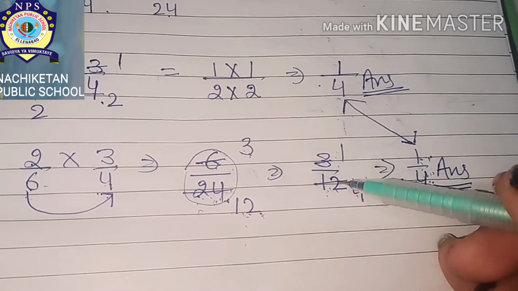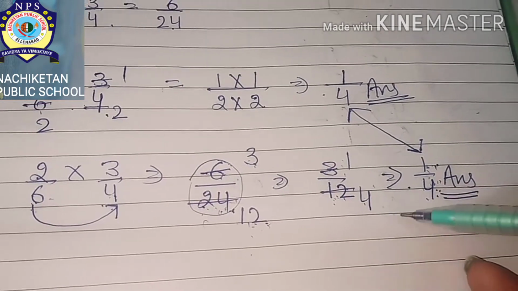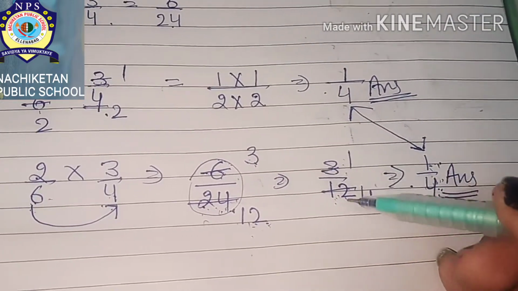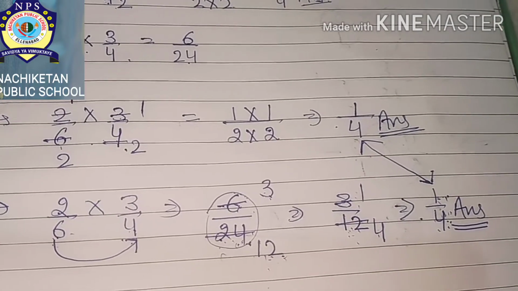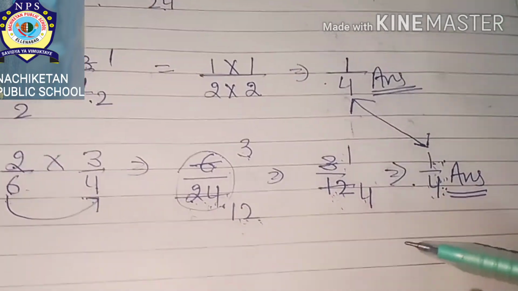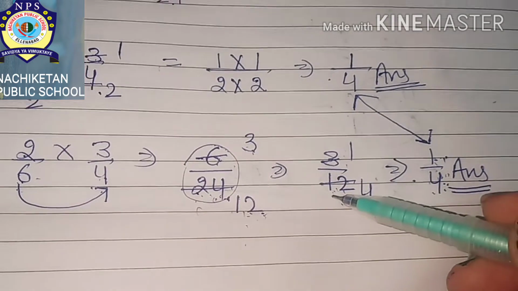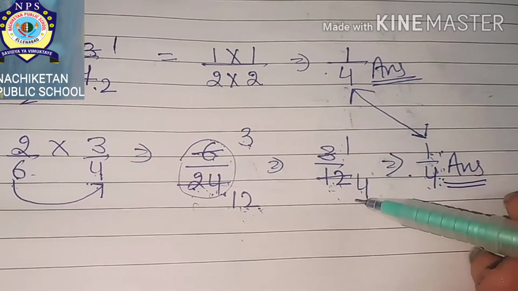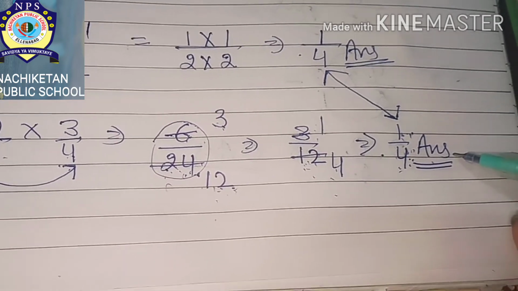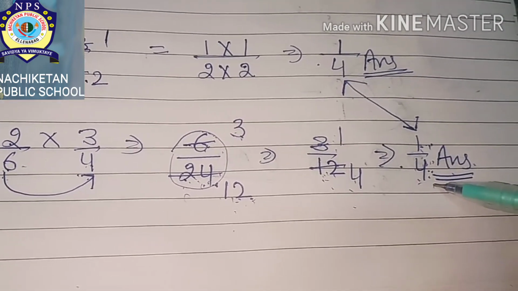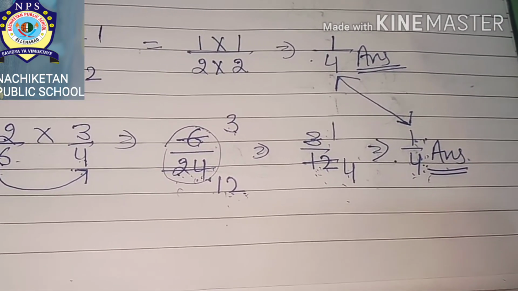We can reduce it to the lowest term. How can we reduce it? Both numbers are in the table of 6, that's why we can cut with the table of 6. Clear? 6 ones are 6, 6 4s are 24, so 1 by 4 is your answer. Because of the 1 by 4 we can't reduce it to a lower term.